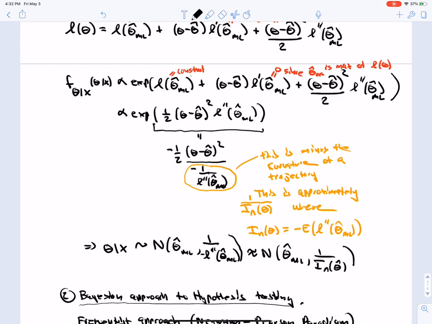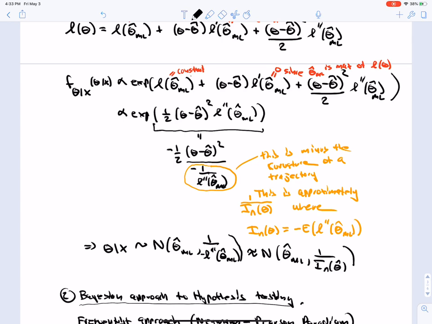But they're close. An expectation, so the average curvature is an approximation to any given curvature. So they're not that far off.